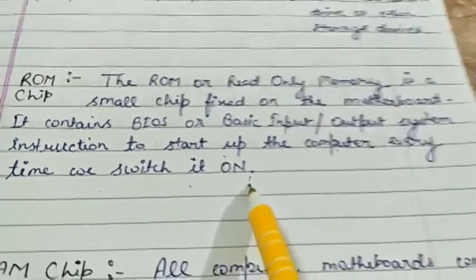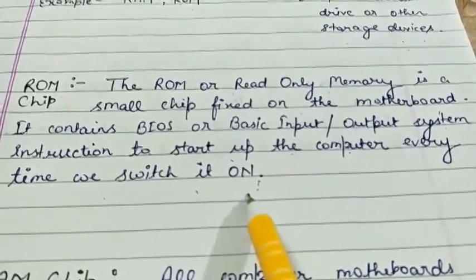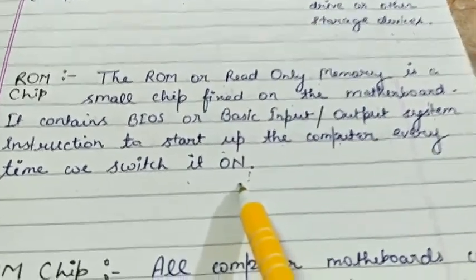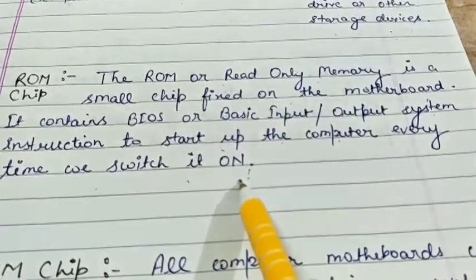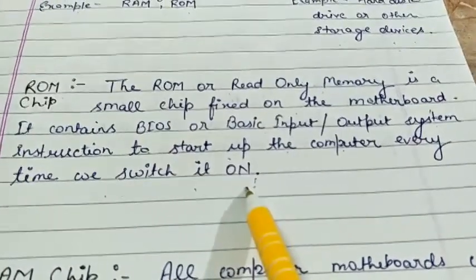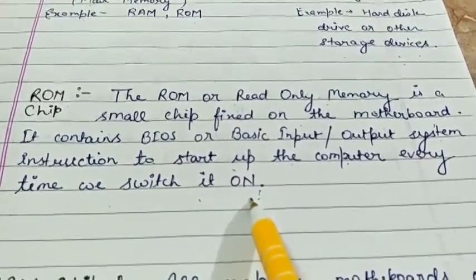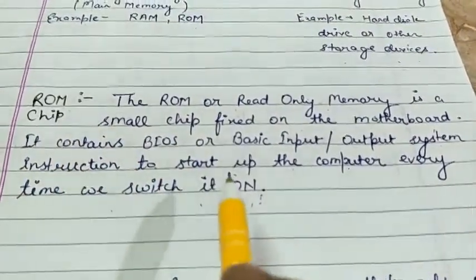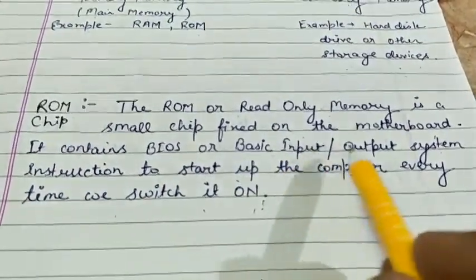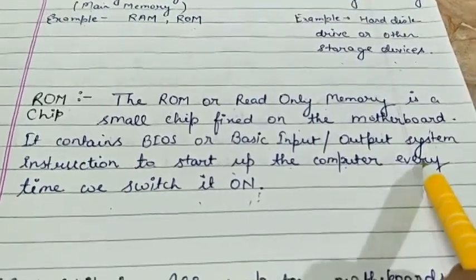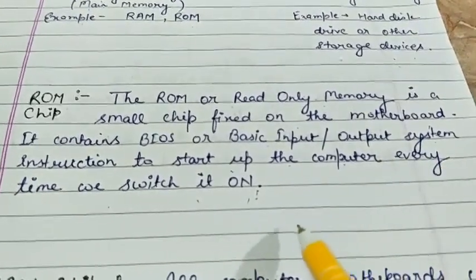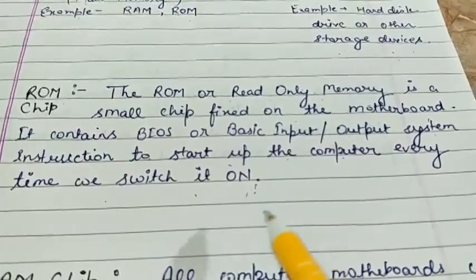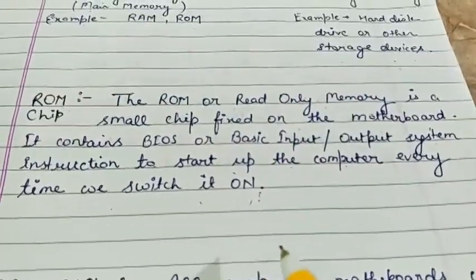That means when you switch on the computer, every time it wants some instructions for starting, those instructions are written in the ROM chip, and those are called basic input output system instructions, required by the computer every time we switch it on.